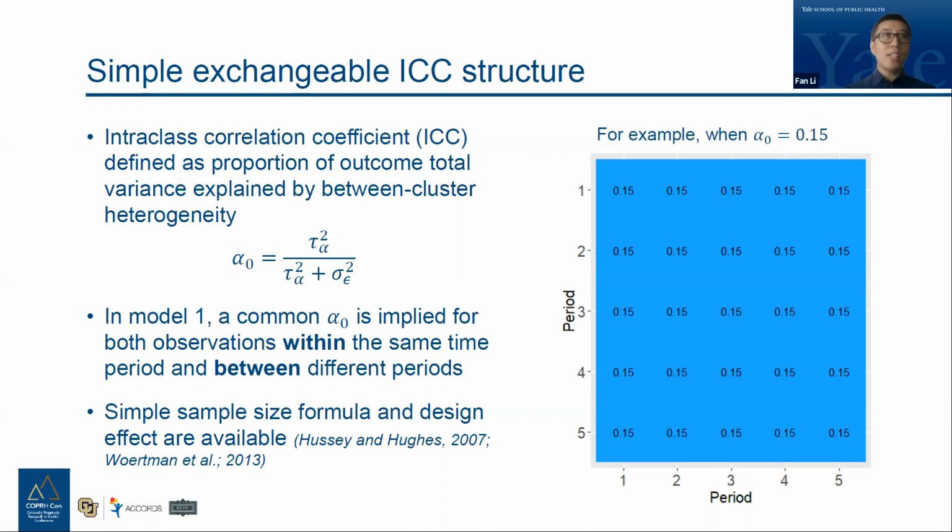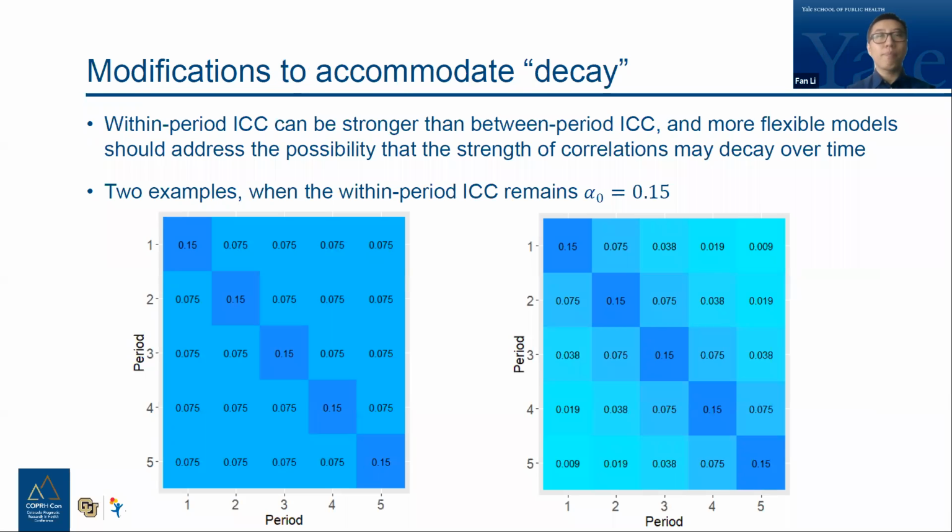The off-diagonal values describe the ICC parameters for observations taken from two different time periods, and the same value is assumed for that ICC parameter. Because of the simple structure of this model, there have been sample size formulas and design effects derived to facilitate power calculation in the design stage.